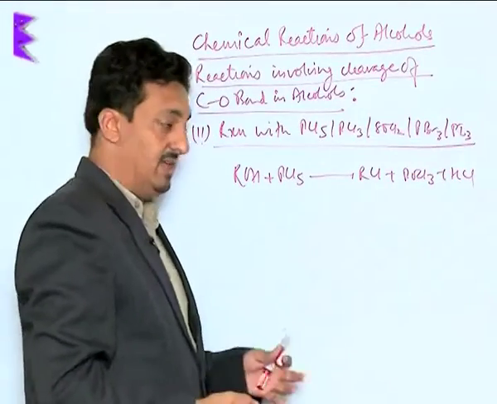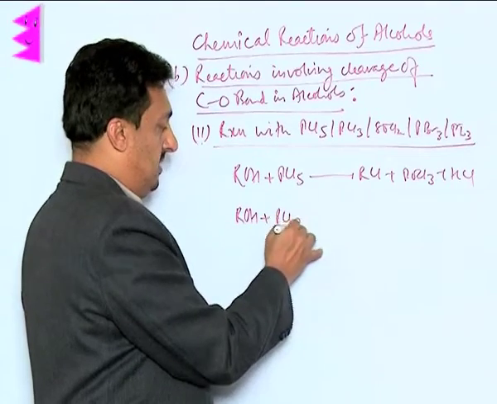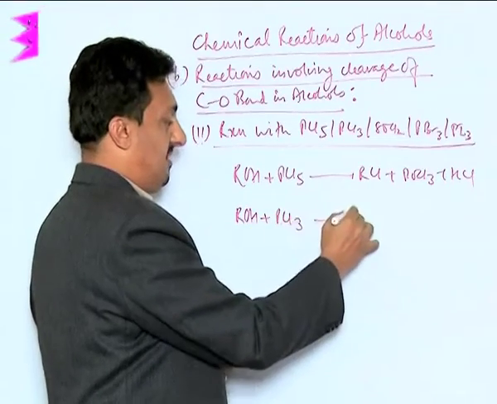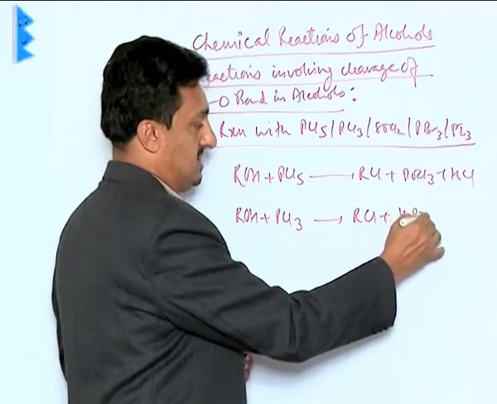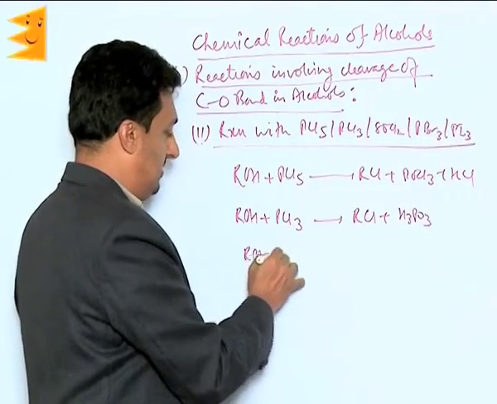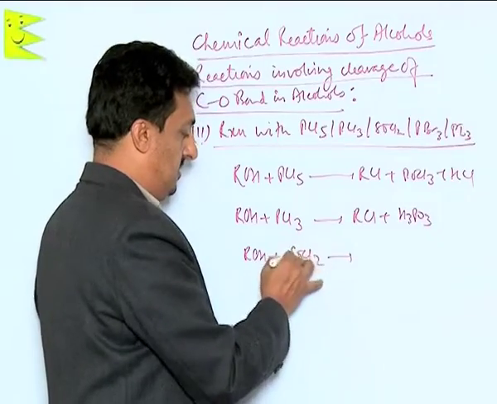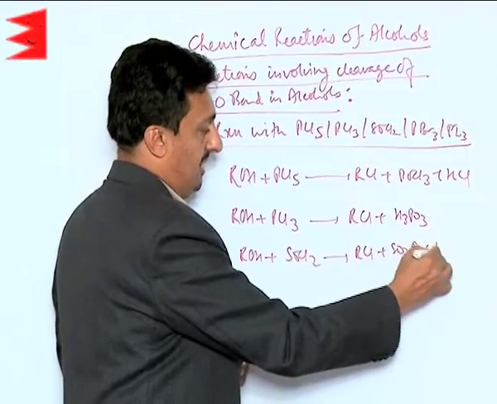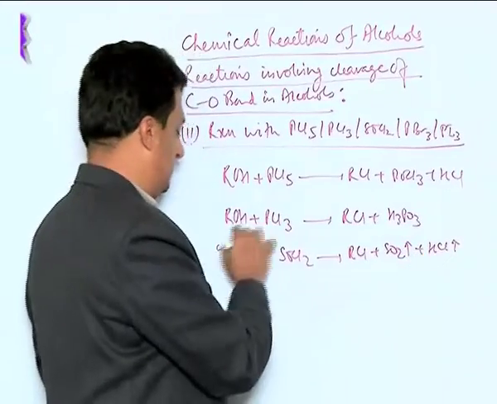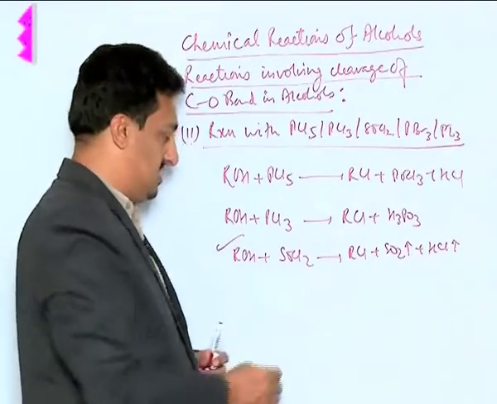This we have already done again in the preparation of alkyl halides, so these are just repetitions. Alcohols with PCl3 give us RCl, alkyl chlorides, plus phosphorus acid, and all types of alcohols with thionyl chloride, SOCl2, give us RCl plus SO2 and HCl. We prefer to have this reaction because both these byproducts, SO2 and HCl, are gaseous in nature.